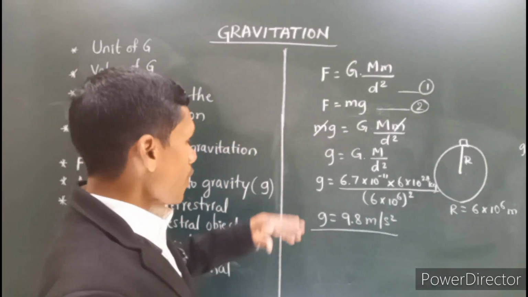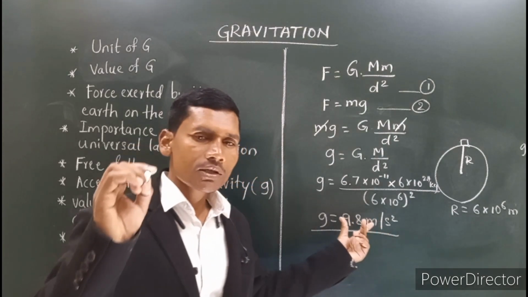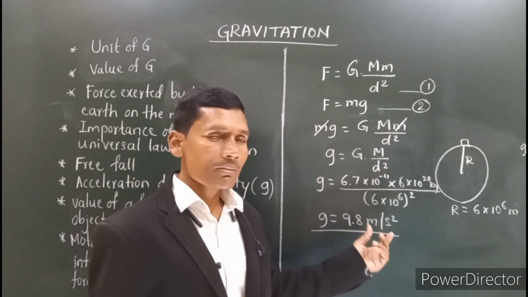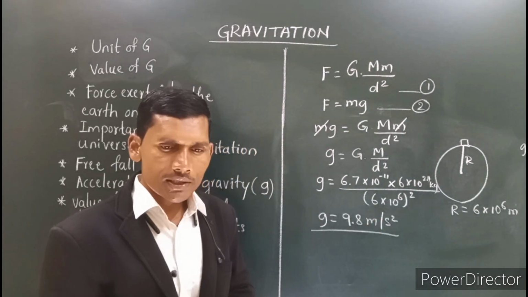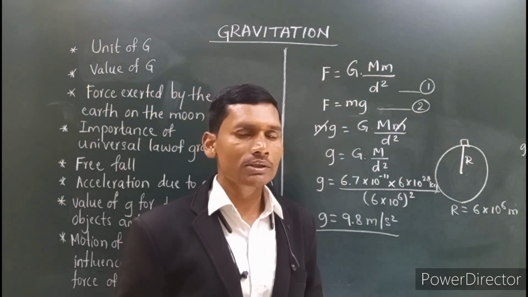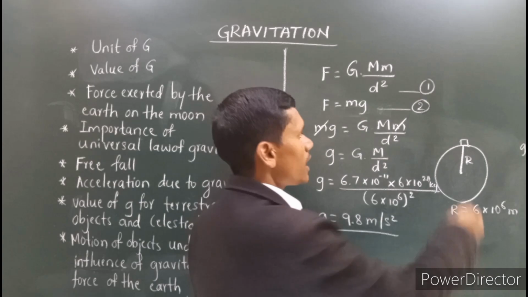Now this is only for objects which are on the surface of the earth or near the surface of the earth, and we can call them terrestrial objects, right? But consider one more case: imagine some objects which are away from the earth. At that time we cannot take this distance as the radius of the earth, because they are away from the earth.